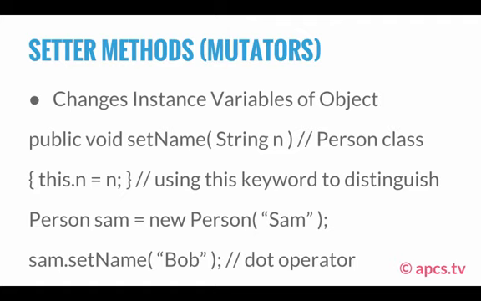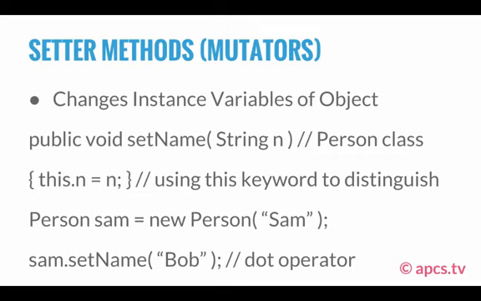So when the computer interprets this, it sees that we're calling the setName method in the Person class, and we're saying that the string n, which is the parameter, is equal to Bob. So basically, it's becoming this.n equals Bob.